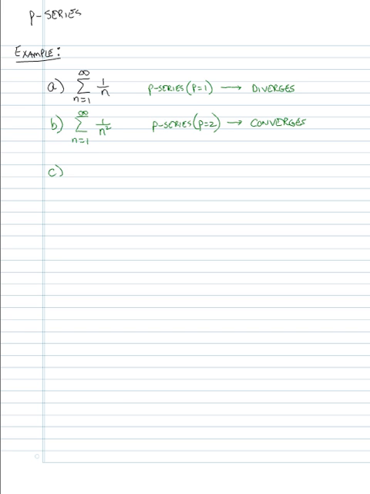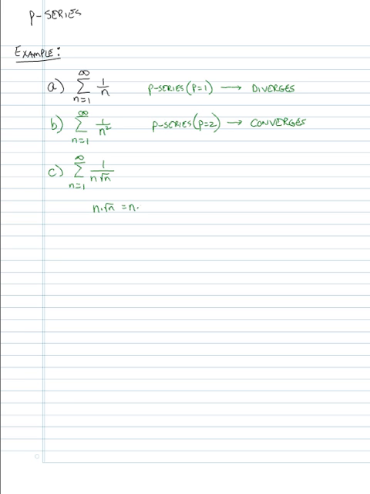Let's look at a third one. The sum from n equal 1 to infinity of 1 over n times the square root of n. Here's a case where we might not recognize that this is a p-series, but let's look at this denominator, n times the square root of n.